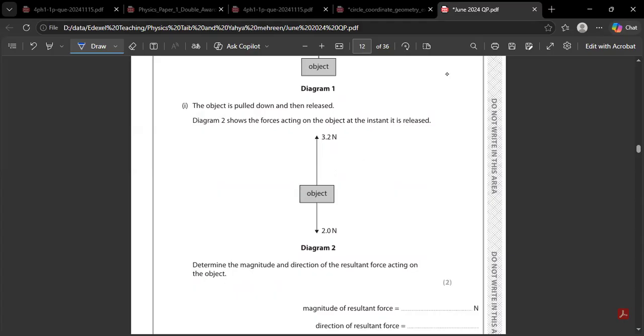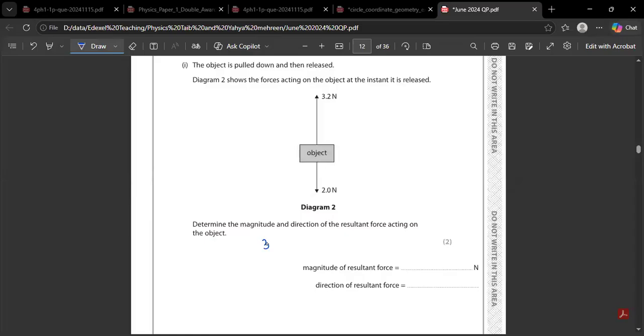Determine the magnitude and direction of the resultant force acting on the object. Since the two forces are acting in opposite directions, we can subtract them. So 3.2 minus 2.0 will be 1.2. So 1.2 Newton, and the direction of the resultant force is upward, along the direction of the greater force. Is this clear?